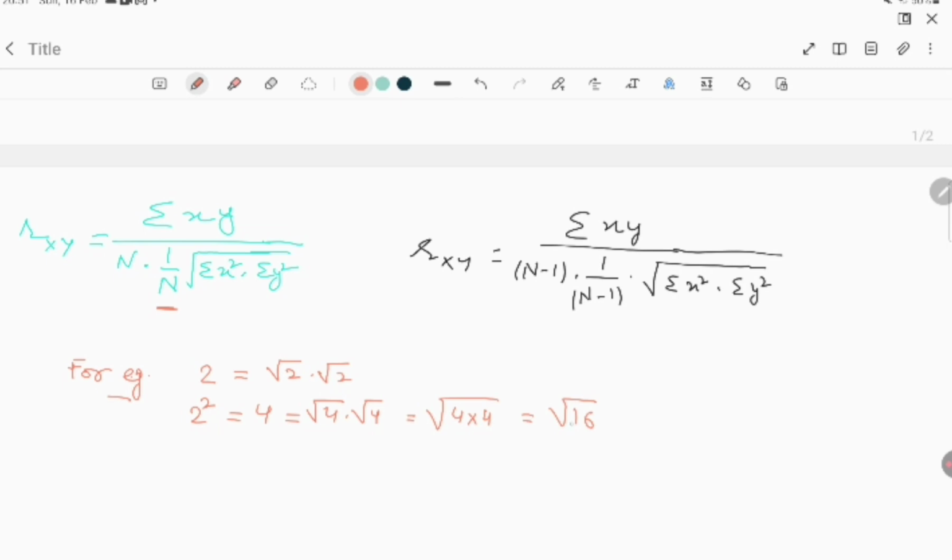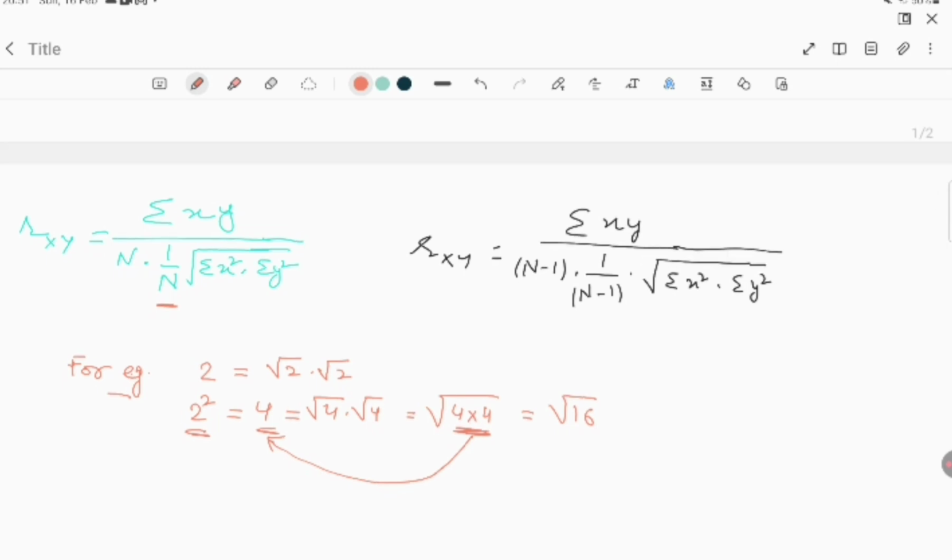If we take it out from the under root we get 4, or 2 squared. Here two values of 4 under the root give a single value of 4 outside. Okay, I hope it is clear now.